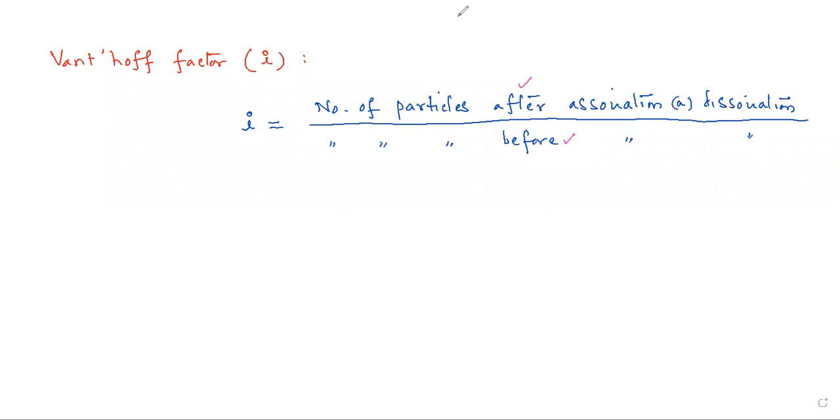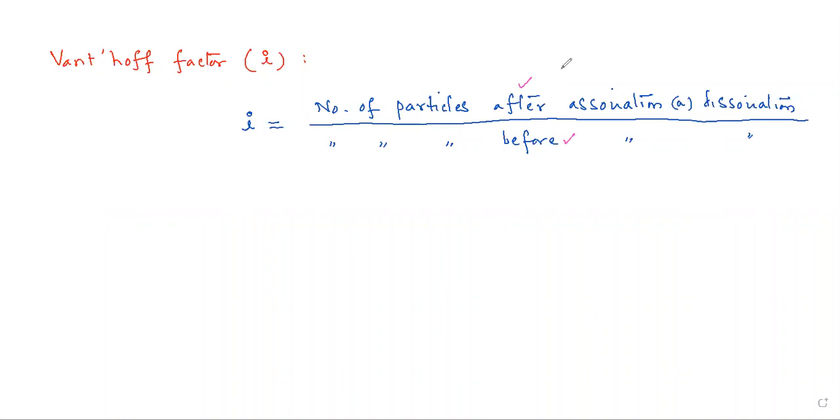Okay. Like for example, if you observe in case of sodium chloride, after it was 200, before it was 100. So the value of I is 2, anyway greater than 1. If you observe the same in case of acetic acid, after it was 50, before it was 100. So in this case, the value of I is half, less than 1.